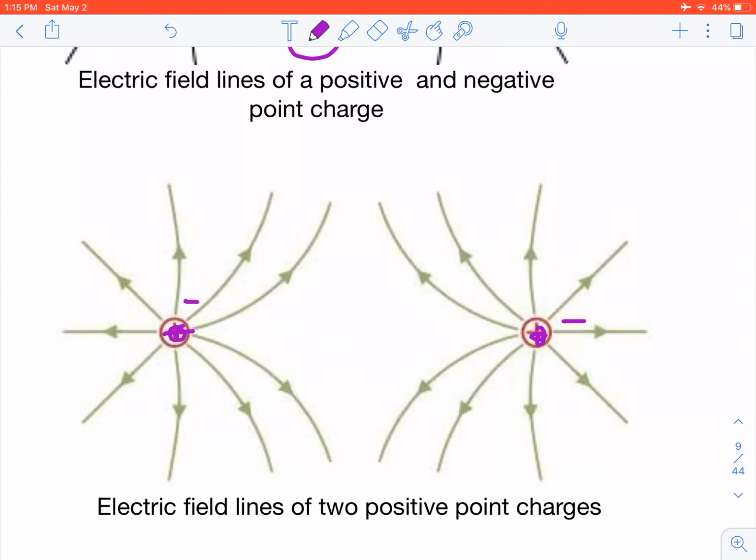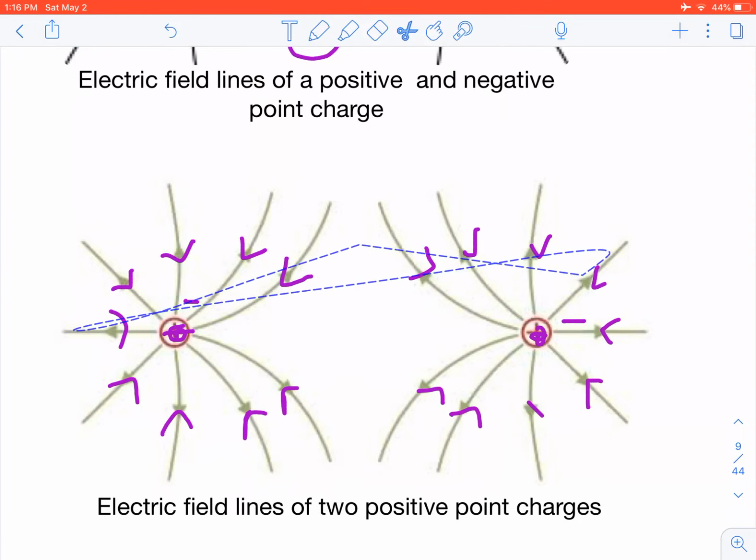The same field, only the field would be directed towards the charges. Essentially the same thing. Because we say the field moves towards them, like that. So that would be two negative charges.